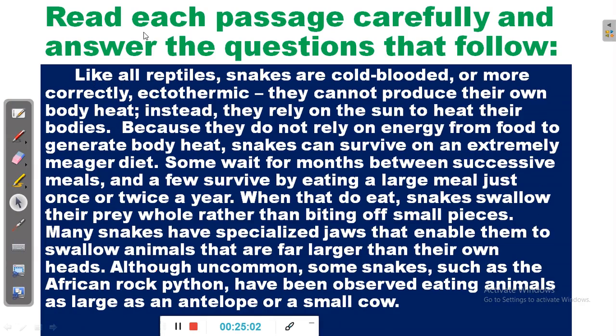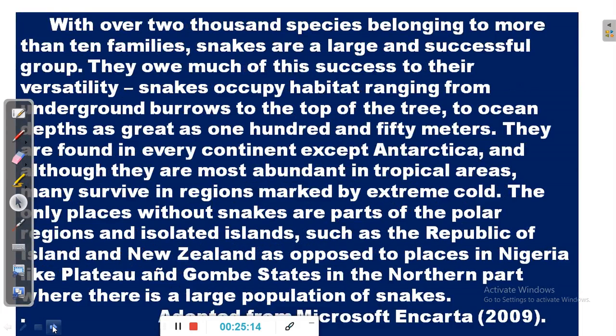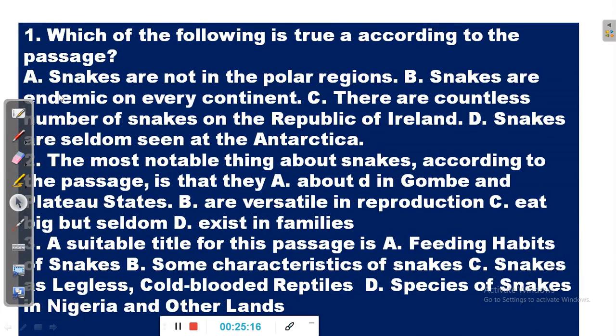So here you can see, read each passage carefully and answer the questions that follow. But remember the steps we outlined. Read through the questions first. So let's go back to the questions. Question number 1. All right, let's read through all the questions first.